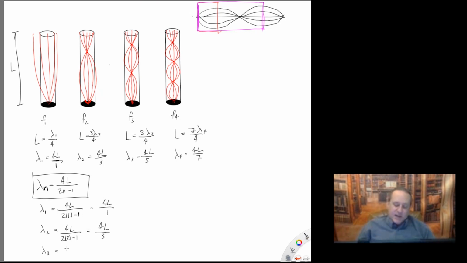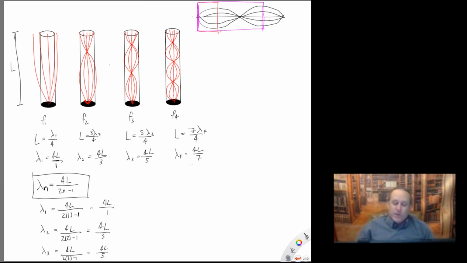And the next one, 4L over 2 times 3 minus 1, that's 4L over 6 minus 1, or 5. And you can see, I think, that this is going to work. Every time n increases by 1, the denominator is going to increase by 2, and we're going to get odd numbers always because we're subtracting 1 from an even number. So 1, 3, 5, and 7.